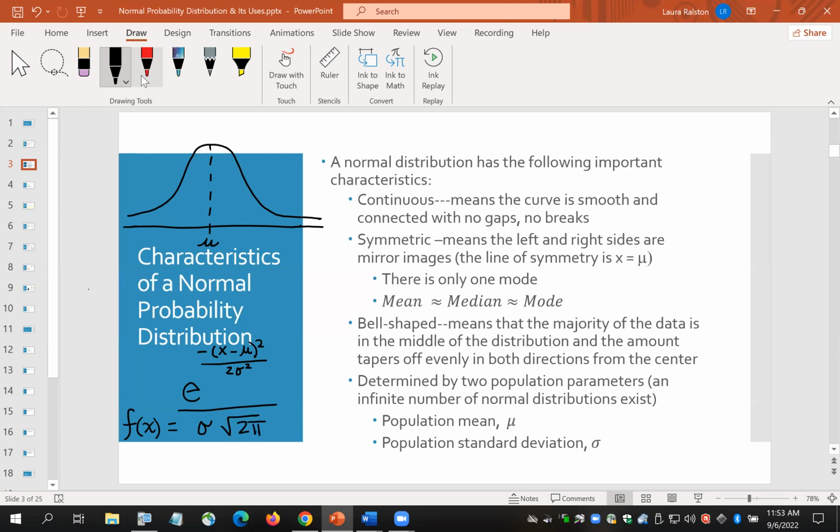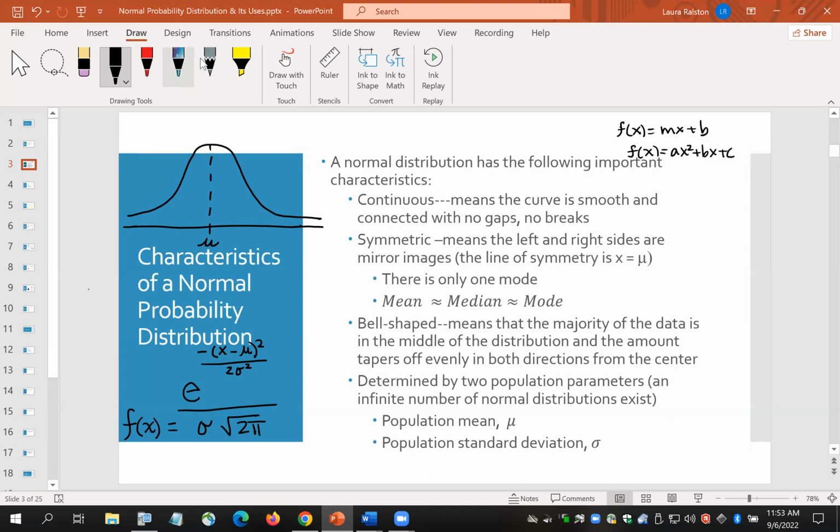That's the formula. Just like in algebra, the equation of a line might be f of x equals mx plus b, or the quadratic is f of x equals ax squared plus bx plus c. This is the formula for that normal distribution curve, and it is yucky.